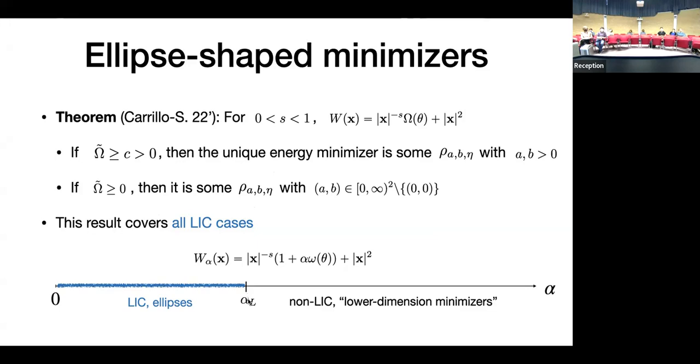And once we pass alpha L, the minimizer cannot be ellipse-shaped because we said that in this non-LRC case, we cannot have any bulk in your minimizer. Okay, so this means that we have obtained all the possible ellipse-shaped minimizers on the spectrum of alpha.